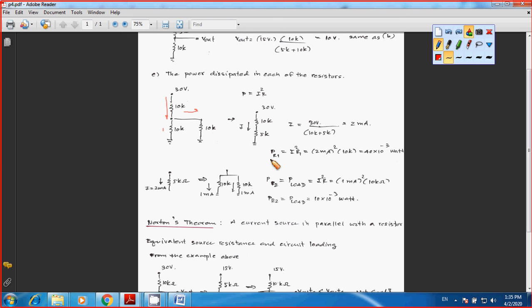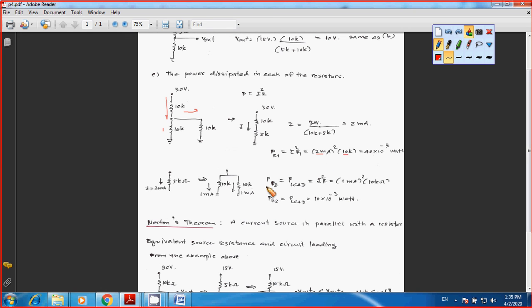So if I apply the power dissipated equation, you have PR1 equal to I squared R1, and the current flowing through R1, the 10K ohm resistor, is 2 milliamps. We end up with PR1 equal to 40 milliwatts.